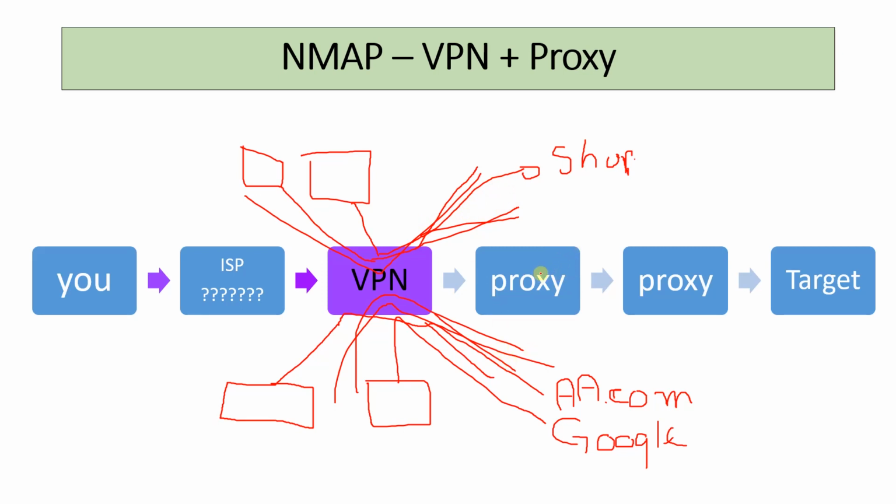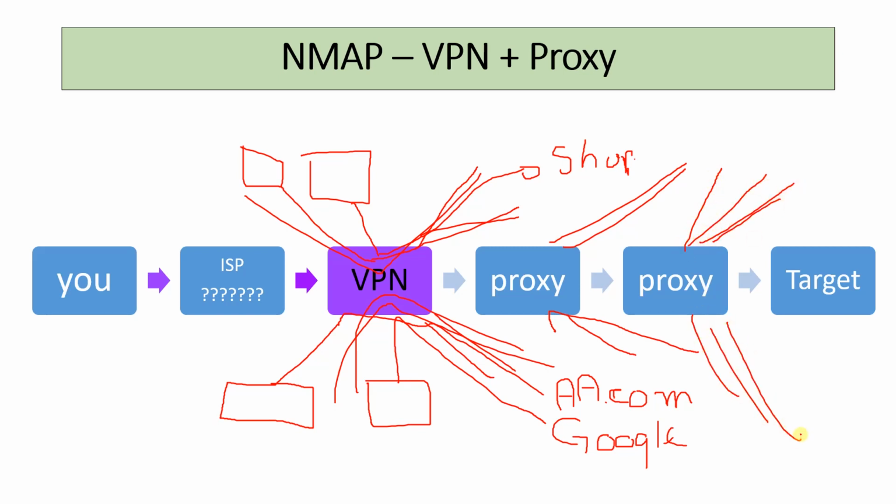And the same thing happens with the proxy. The more people use the proxy and go to some other location, the more confusing it is for this proxy to find out which traffic came through here. The same thing happens with this proxy here. Many people come, use this proxy, and go to other servers.